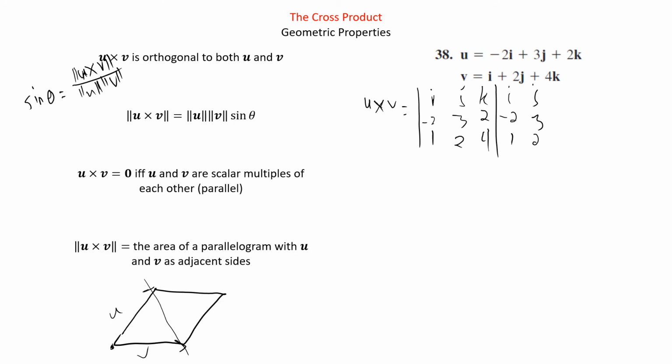We're going to find the cross product. So U cross V will be, let's do the first one.